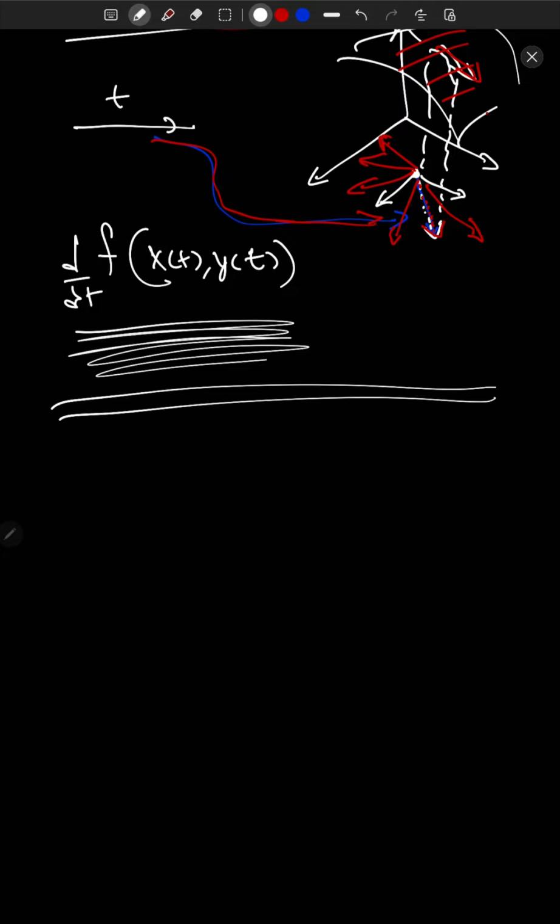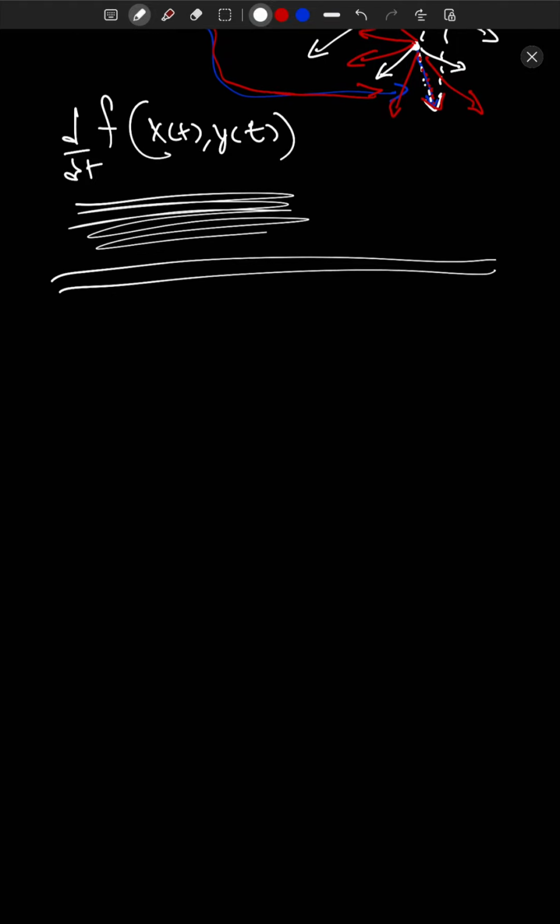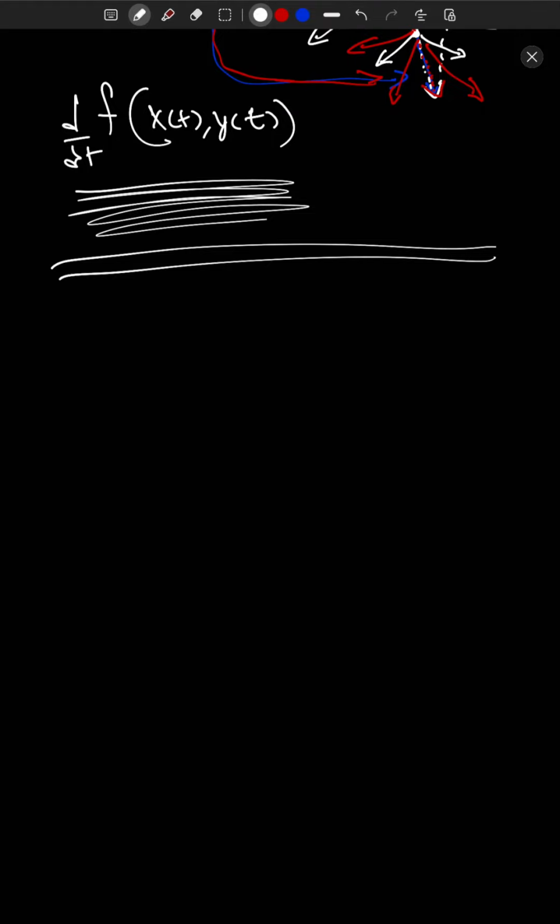At this moment, we're just finding the derivative of a one variable function that's created through this composition. Okay, let me do a concrete example. Let's say f of x comma y equals x squared y cubed. Let's just do something simple. We're doing a composition.